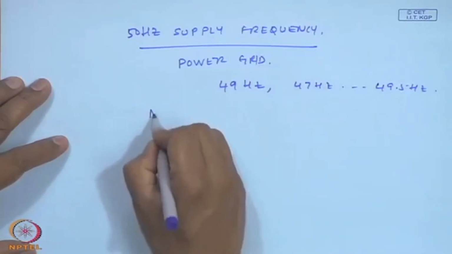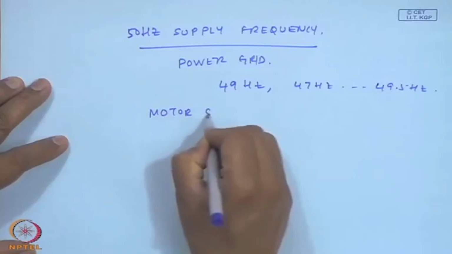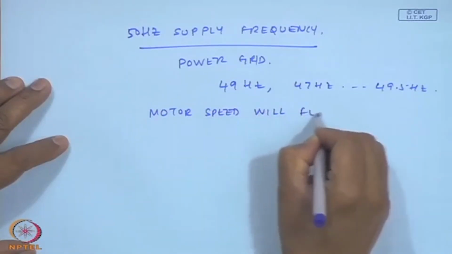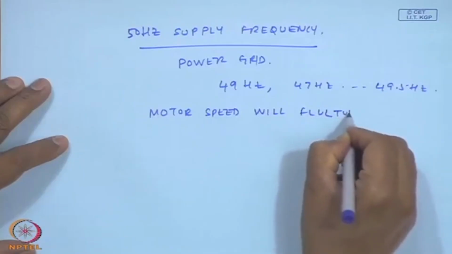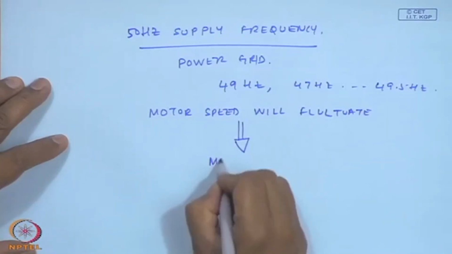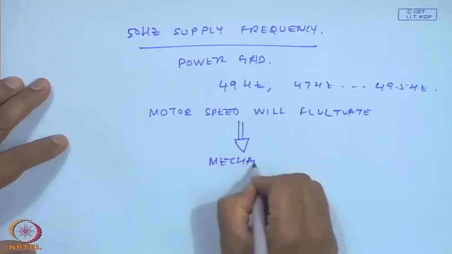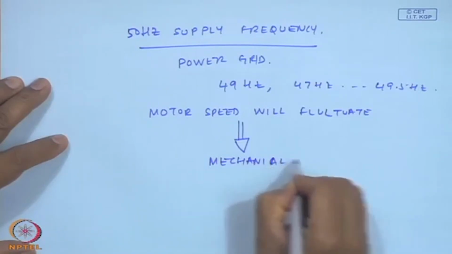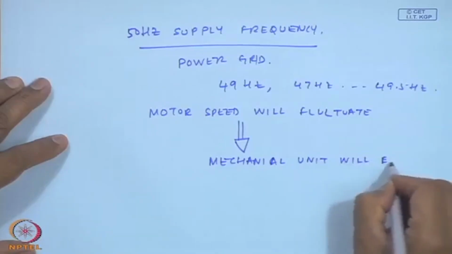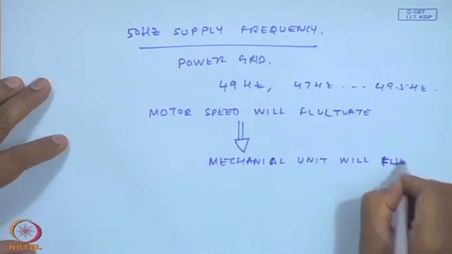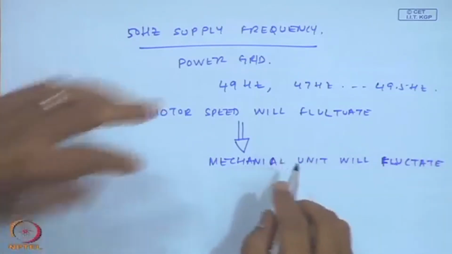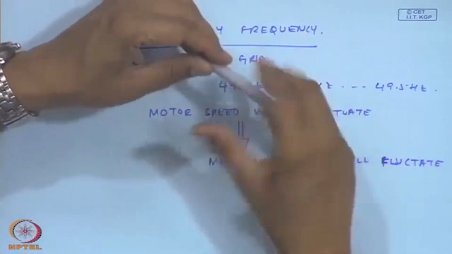So, the motor speed is going to fluctuate. In effect, if the motor is driving a mechanical unit, that is also going to fluctuate. So, this is going to give rise to fluctuating torque.